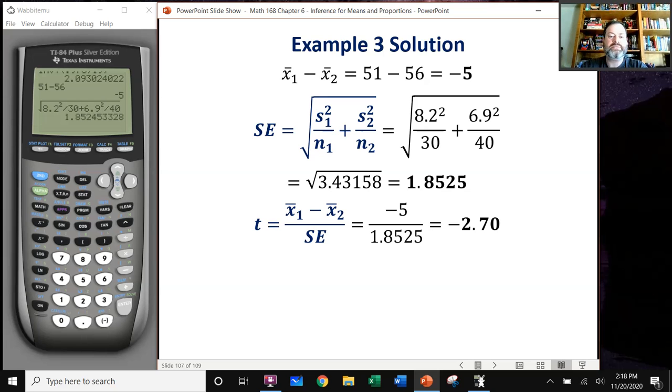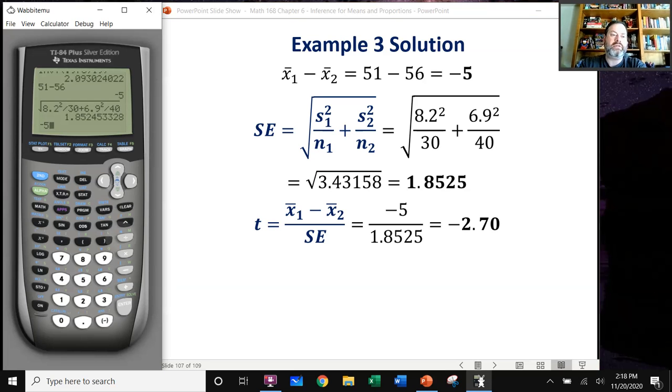That's negative 5, divided by the standard error, 1.8525. And you get negative 2.7. Again, if you rounded the standard error to 2 decimal places, this one comes out the same. It doesn't always, but you should always check. So, just to be safe, keep a couple extra decimals.